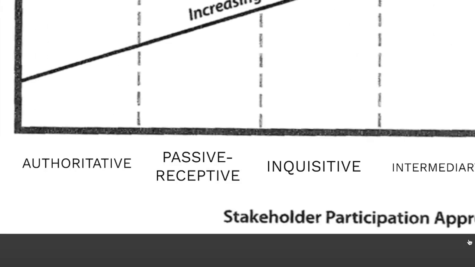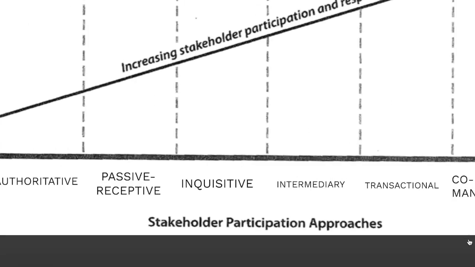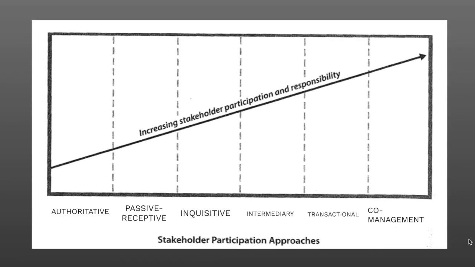Next, there is passive receptive, which means that managers keep eyes and ears open, welcoming input from stakeholders, but not actively seeking it. Inquisitive is where stakeholders seek engagement to inform management, but this can lead to unsolicited input. Then there's intermediary strategies, which create more of a dialogue with a two-way communication between stakeholder groups, generally keeping opposing viewpoint groups separated.